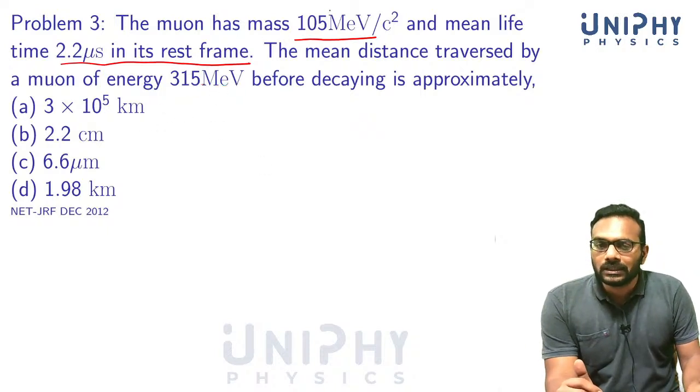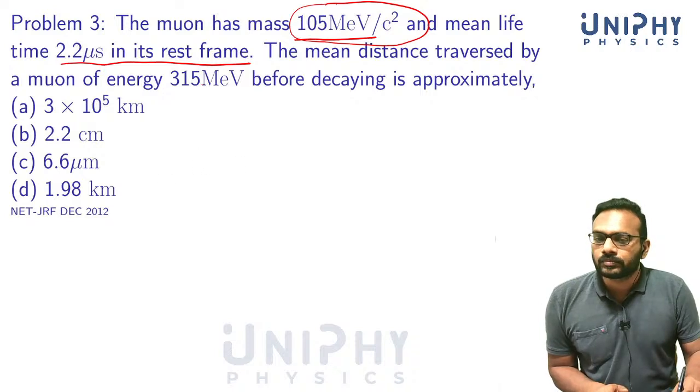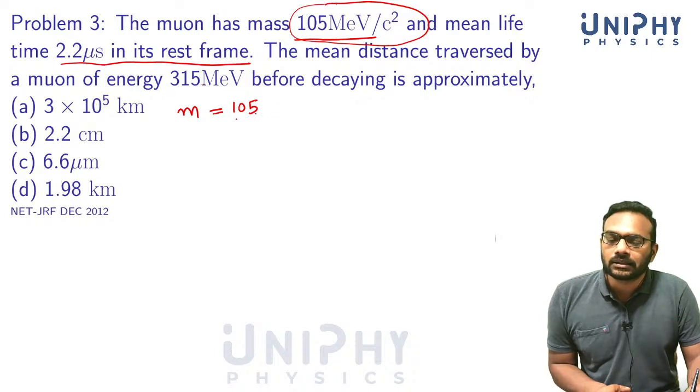All right, the mass is given to us. Let me just write the mass of the muon. We have just one particle.